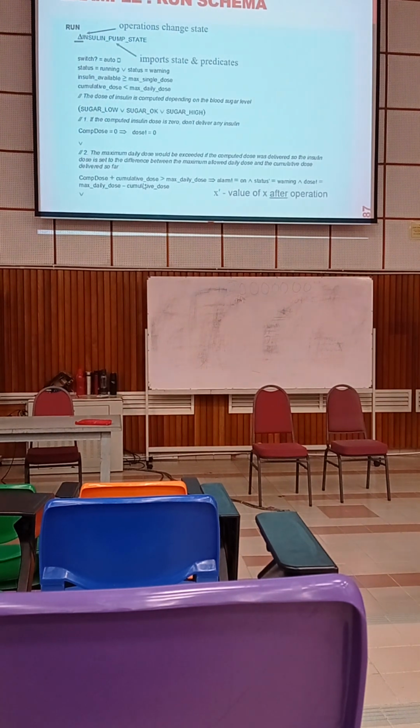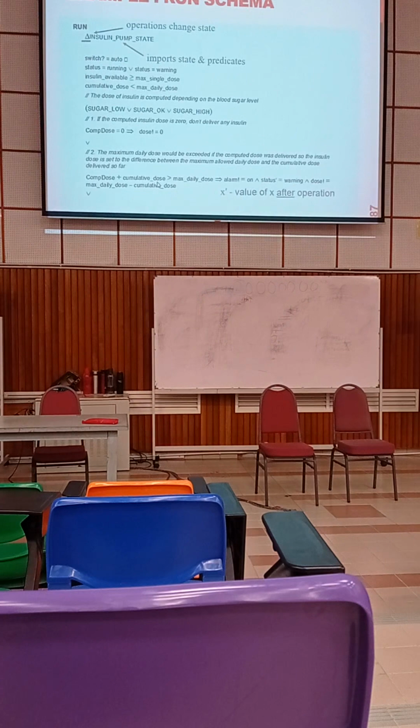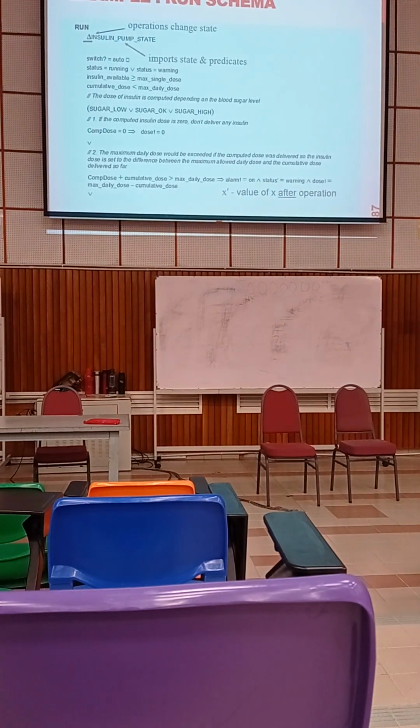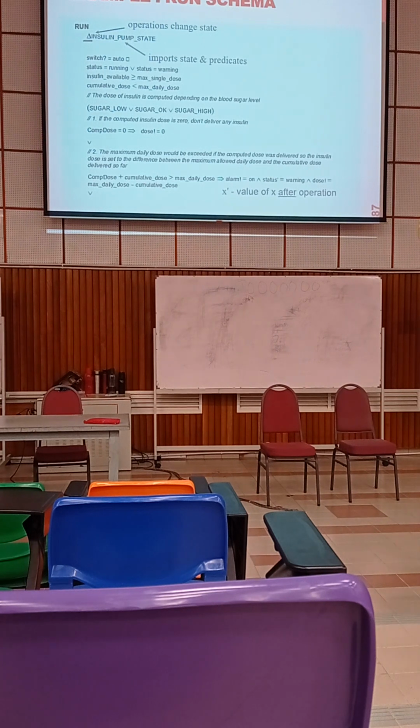So dose plus cumulative dose doesn't exceed the maximum dose. If it doesn't exceed the maximum dose, the warning can be closed. But if it exceeds the maximum dose, the controller needs to instruct the alarm to send the warning. You understand or not? So this operation checks before you induce that the last dose you are taking for the day doesn't exceed the maximum cumulative dose for the day.